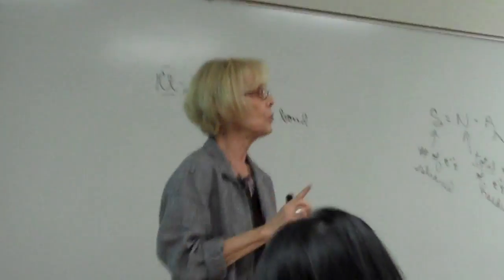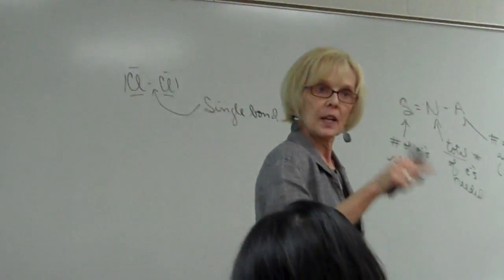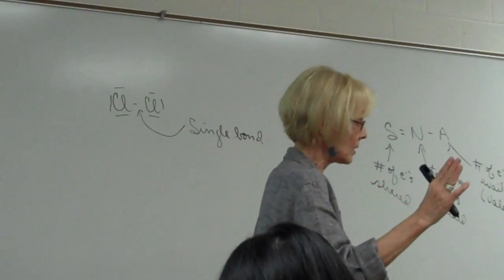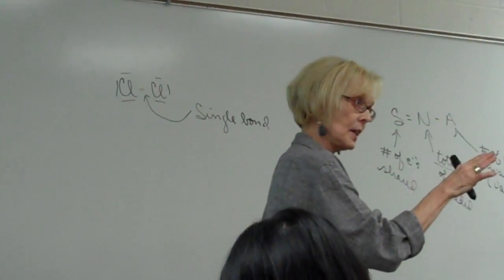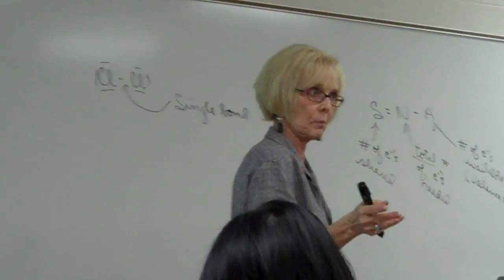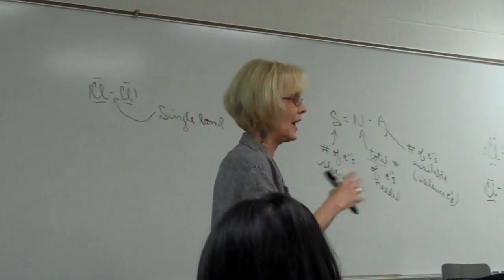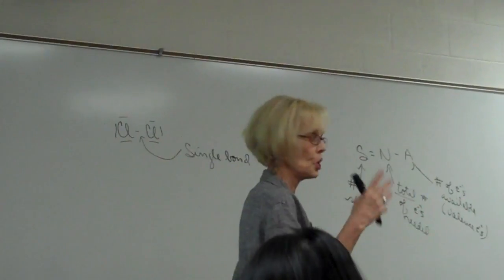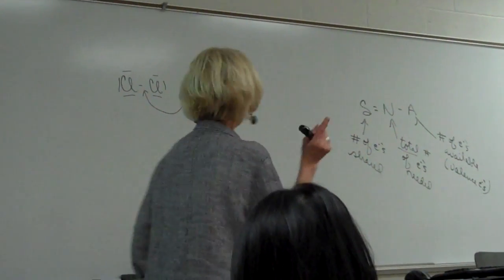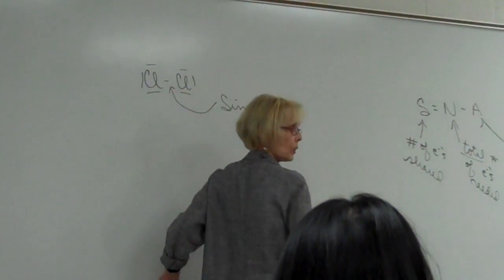Now, some books will say single covalent bond, but that's redundant, because if you say a single bond, that will always refer to a covalent bond. It will never refer to an ionic bond. You just don't use that language with the ionic substances.